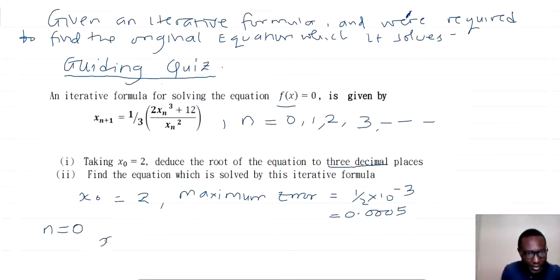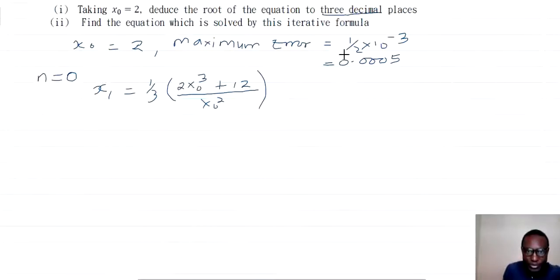We shall have x1 being equal to a third into bracket 2x0 power 3 plus 12 divided by x0 power 2. So we need to substitute in for our x0, and please get your calculator closer to you because we are going to make use of it right at the moment.